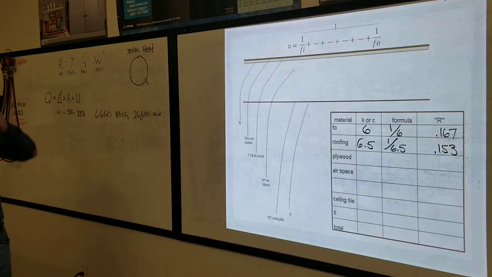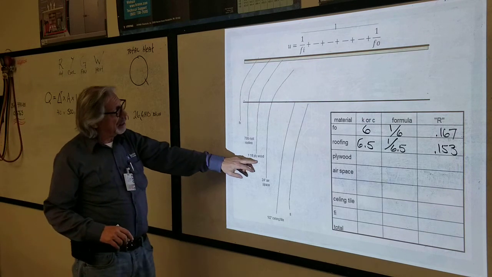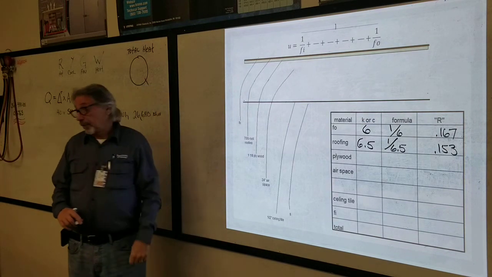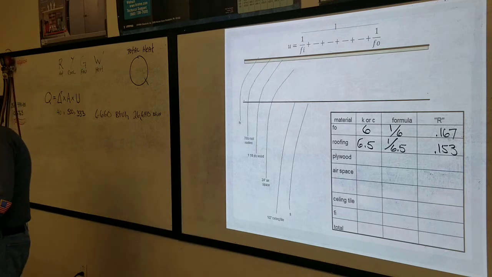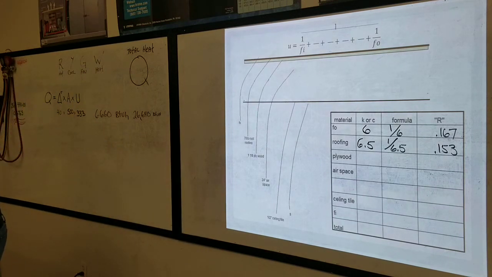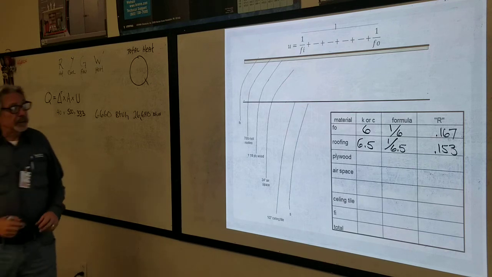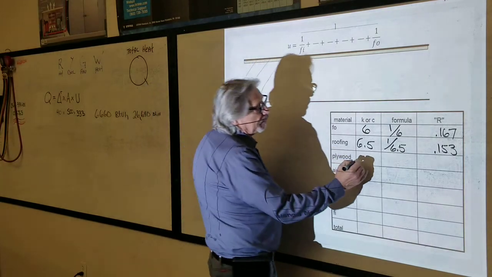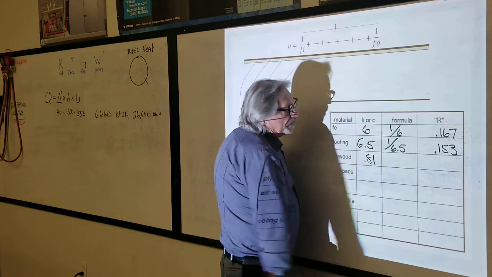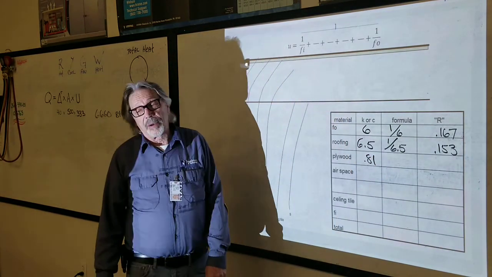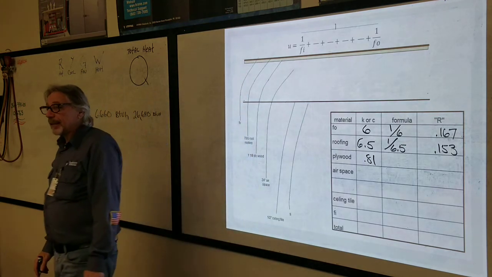Okay, next one is plywood. It looks like here we got 1.125 plywood. The only two sizes they're giving you is 1/2 and 3/4, so we're gonna have to take the K value, which is 0.81, and figure out what the 1 1/8 is.